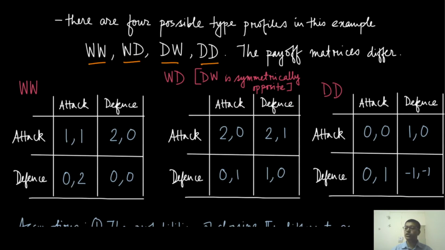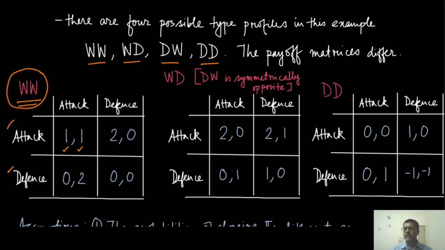For instance, if both these players are aiming for winning, then they have two actions or two strategies available. They can play attacking or play defense. In this world where both are trying to win, maybe both teams are quite well equipped because they are playing very aggressively. So if both of them are playing attack, they get equal payoff, which is 1.